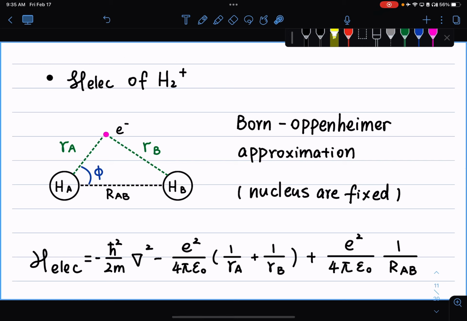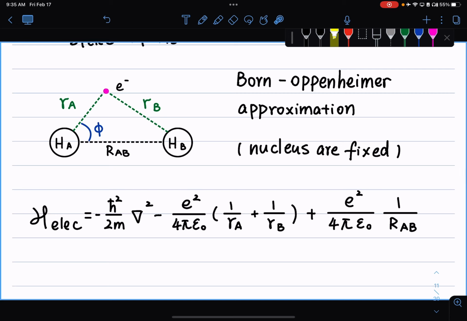So this is what we have. We're focusing on the electronic Hamiltonian of H2+. What we're solving is the electronic wave function and also consequently solving for the electronic energy of H2+.